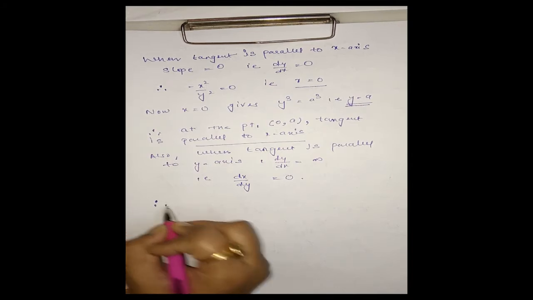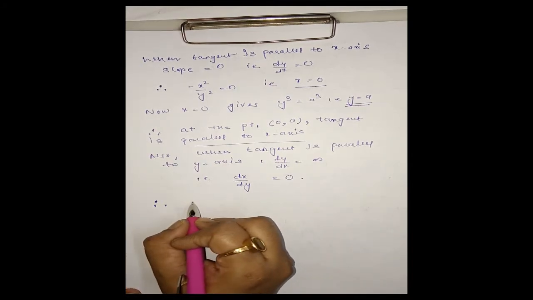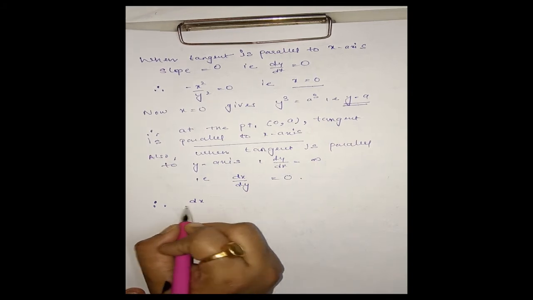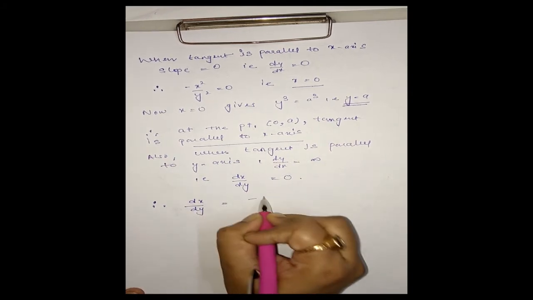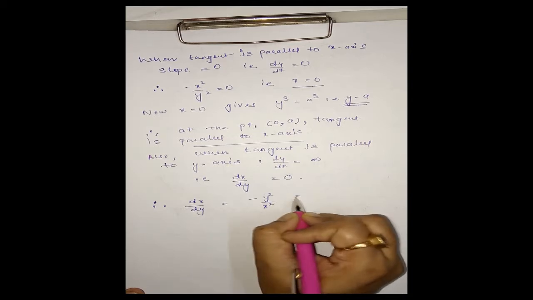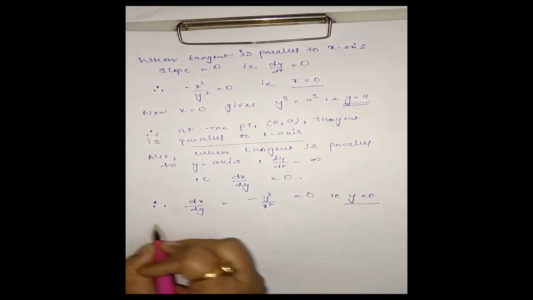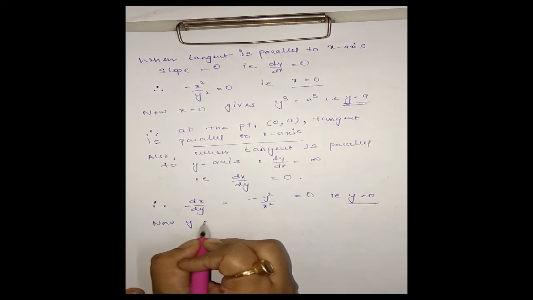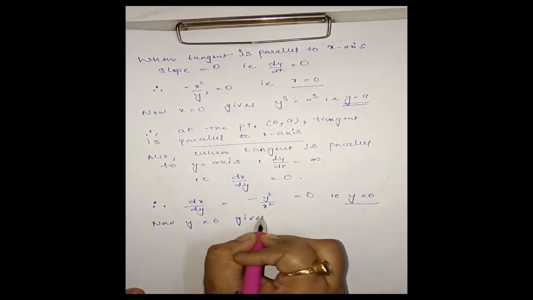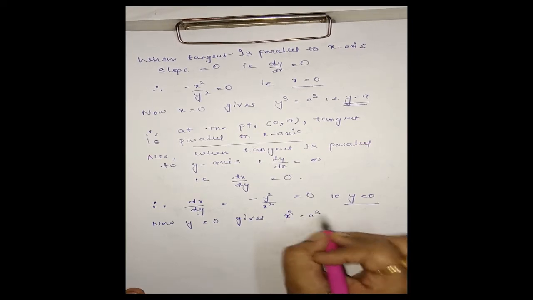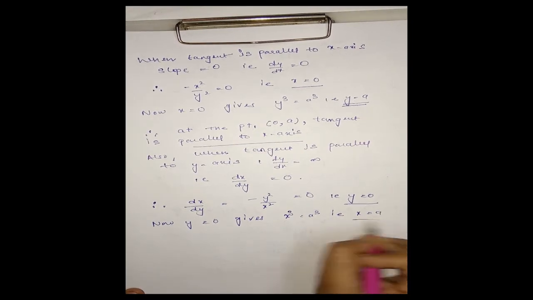Therefore dx/dy is y²/x², so -y²/x² is equal to 0 will give us y = 0. Now y = 0 gives x³ = a³, that is x = a.